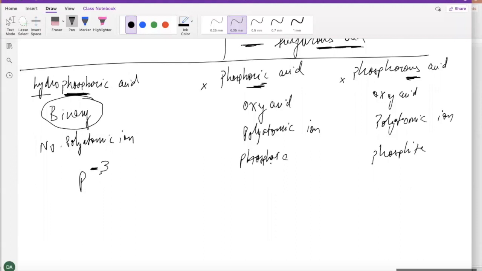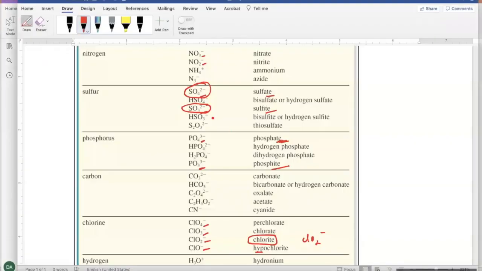So phosphate becomes ic, ite becomes us. And you should know that in the reverse order as well. So phosphate is PO4 minus 3, phosphite is PO3 minus 3. How do I know this? You know that from this table. Phosphate is PO4 minus 3, phosphite is PO3 minus 3.